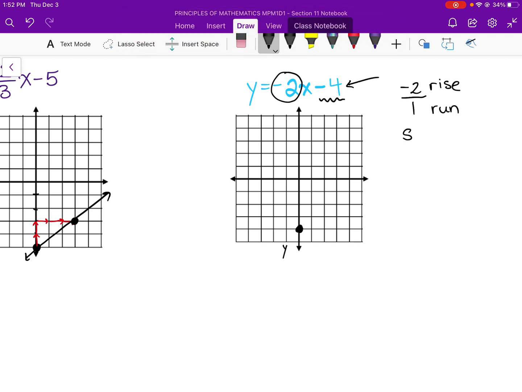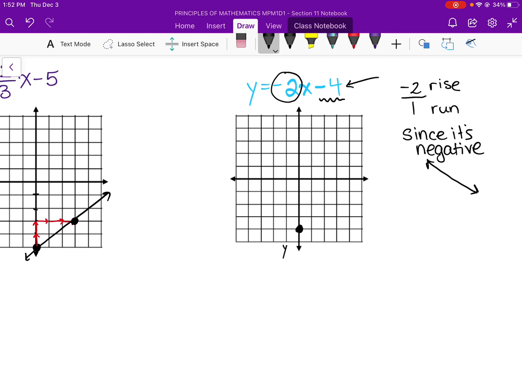Yeah, it's negative. So since it's negative, we know the line has to look like this, right? It has to slope down to the right. That's what negative lines look like.